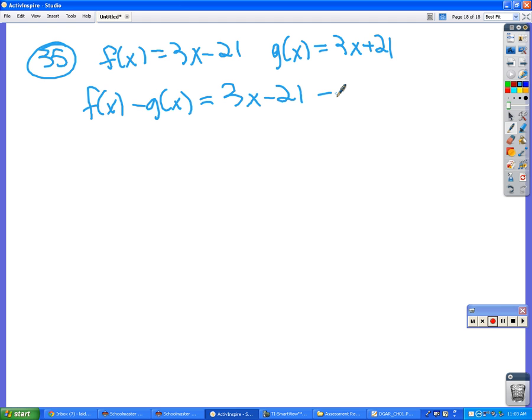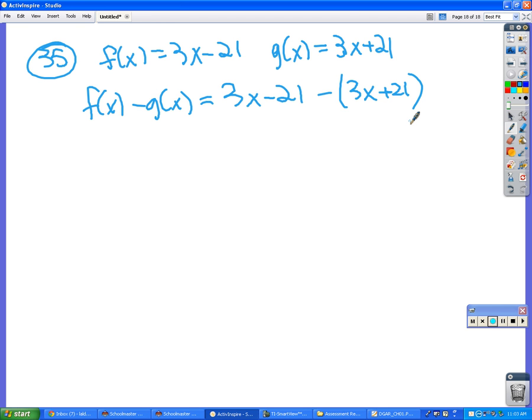The only thing that you have to be careful of, and this does not come into play in this problem, but it will in the future, is when I am subtracting g of x, I'm subtracting the entire g of x function. So what do I have to do notation-wise? Parentheses. So I'm going to put that in parentheses because I want to subtract both the 3x and the 21.